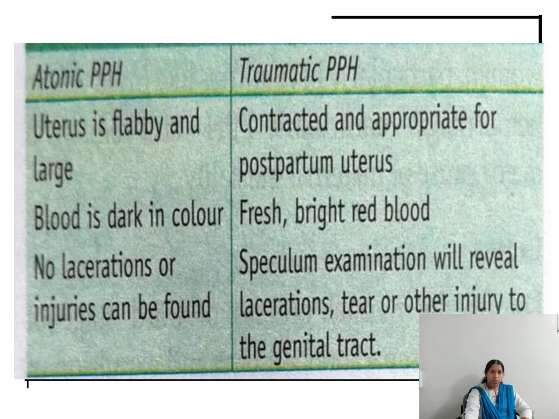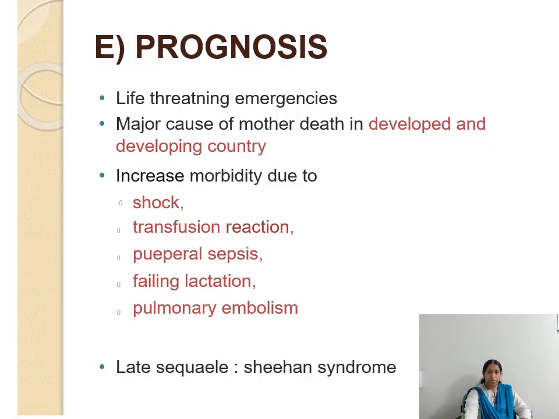But in traumatic PPH, the uterus is contracted and appropriate for a postpartum uterus, with fresh bright red blood. Speculum examination will reveal lacerations, tear or other injury to the genital tract. So the difference between atonic and traumatic PPH should be kept in mind when we are examining the patient and start treating immediately. So what is the prognosis?